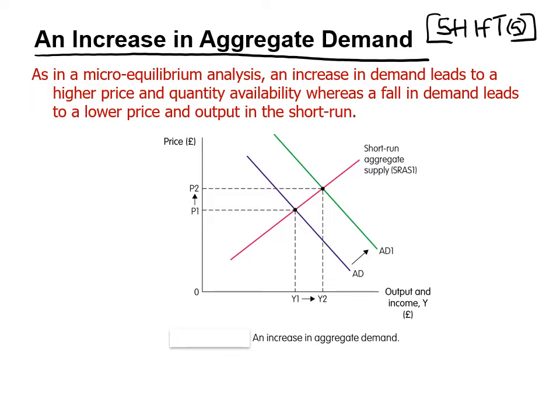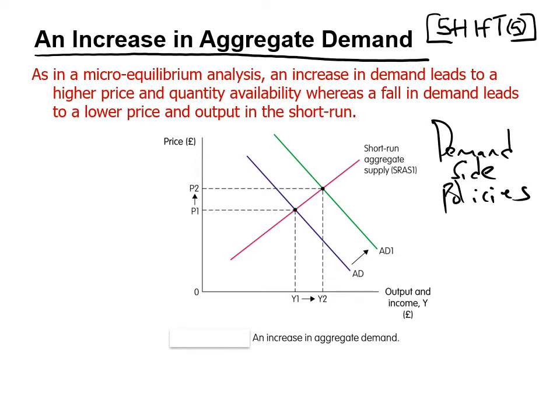Now, if a government is focusing on increasing aggregate demand, so focusing on shifting our aggregate demand to the right, this is a kind of deliberate policy known as demand side policies. So demand side policies aim to shift our aggregate demand curve to the right.